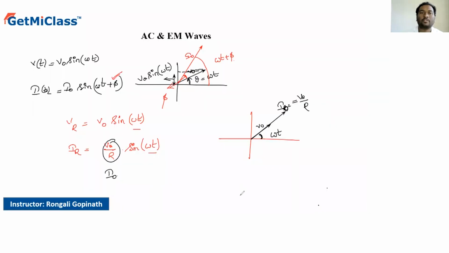Now the next concept we are going to discuss is what happens when we connect only an inductor in an AC circuit, somewhat like this. Only an inductor. V_L is the potential across the inductor. V_s is the source voltage, which is V naught into sine of omega t.